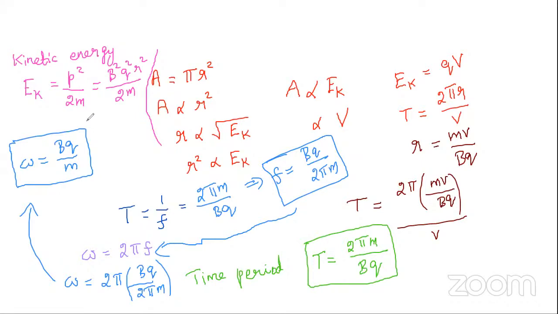Does anyone have any idea about cyclotron? Is it some kind of particle accelerator, sir? Absolutely right. So cyclotron is a device used to accelerate ions. Charged particles can be accelerated by cyclotron, and here you have a magnetic field applied perpendicular to the velocity of the ion.